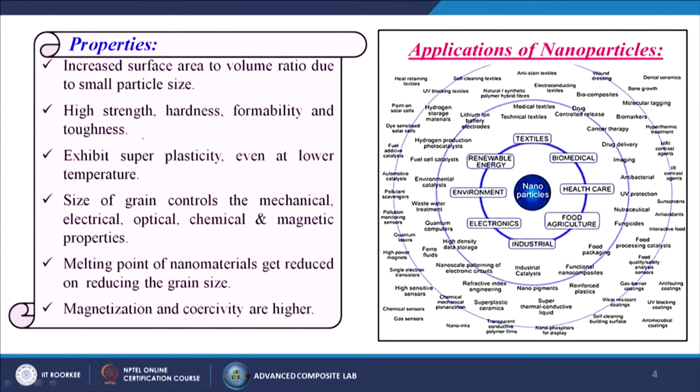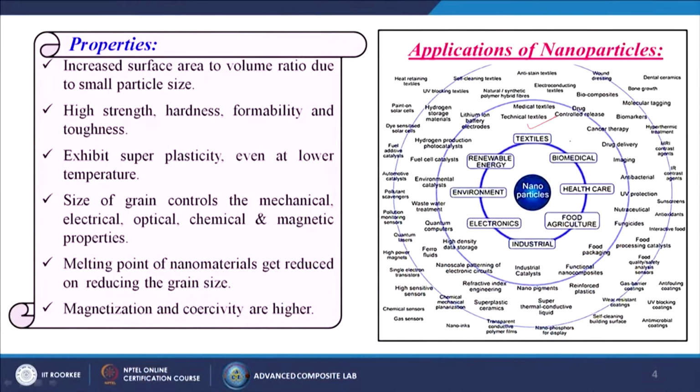On the right-hand side you can see we have jotted down the applications of nanomaterials. There are a huge number of applications where we are using this kind of nanoparticles. If we divide it broadly, we are using it in textile applications, biomedical, healthcare, food, agriculture, industrial, electronics, environment and renewable energy.